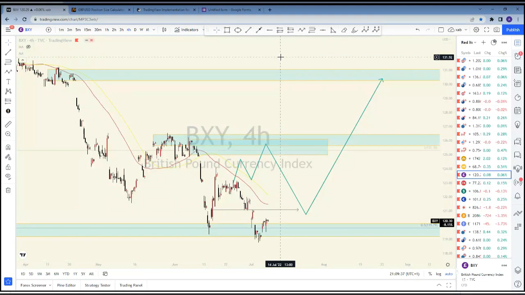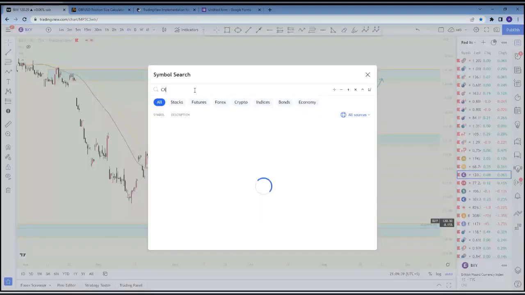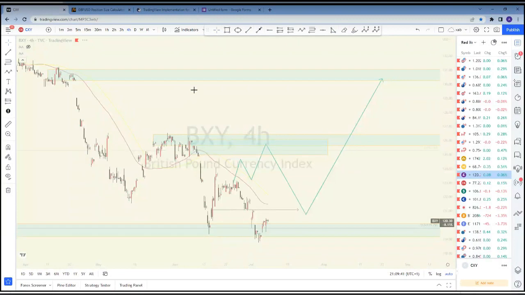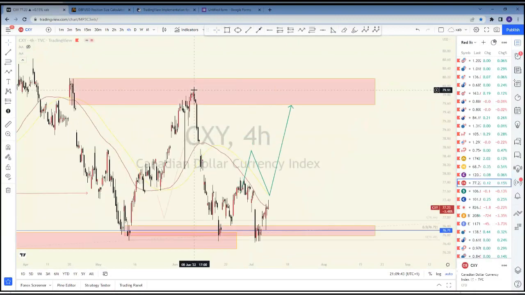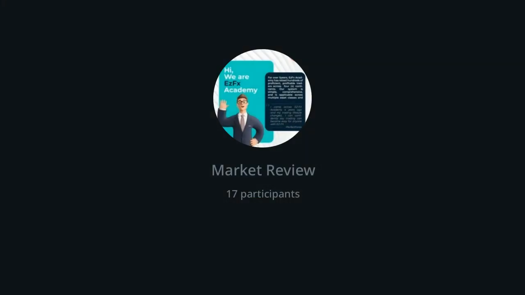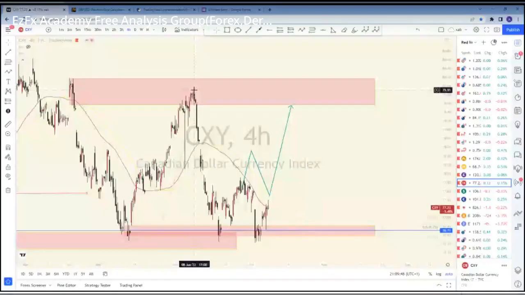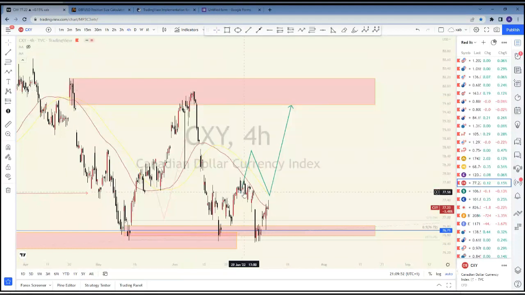The next one we'll quickly look into is the CXY, which is the Canadian dollar index, and this gives us the overview of what to expect from the Canadian dollar. You can see we talked about the fact that it was going to rise a little bit and drop.